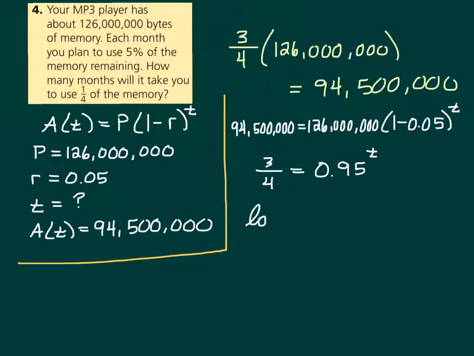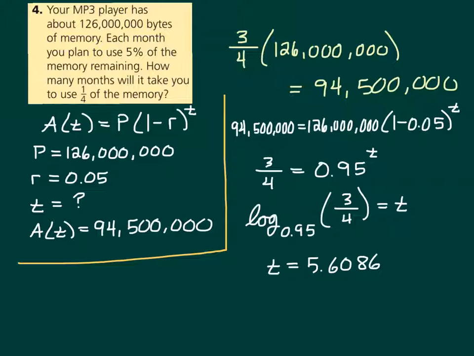Rewrite it as a logarithm. Log base 0.95 of 3/4 equals t. Evaluate the logarithm, we get that t is 5.6086, and in this problem t is measured in months.